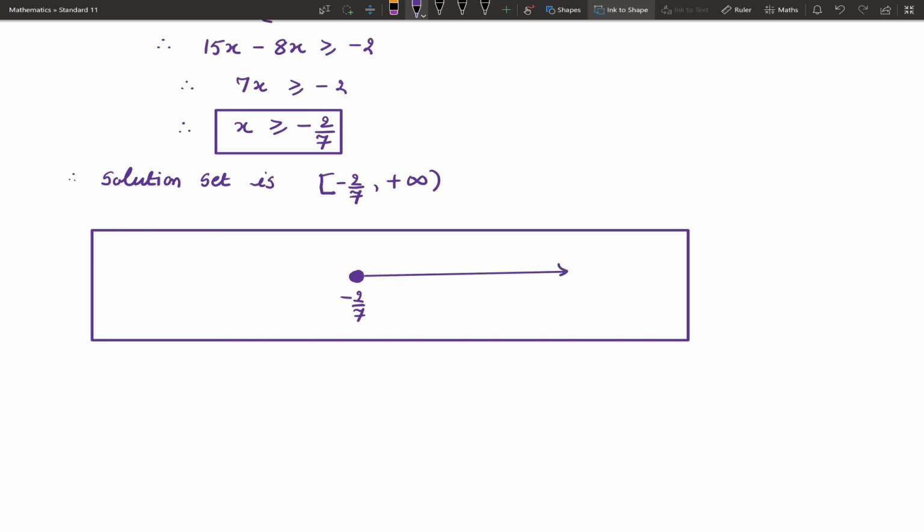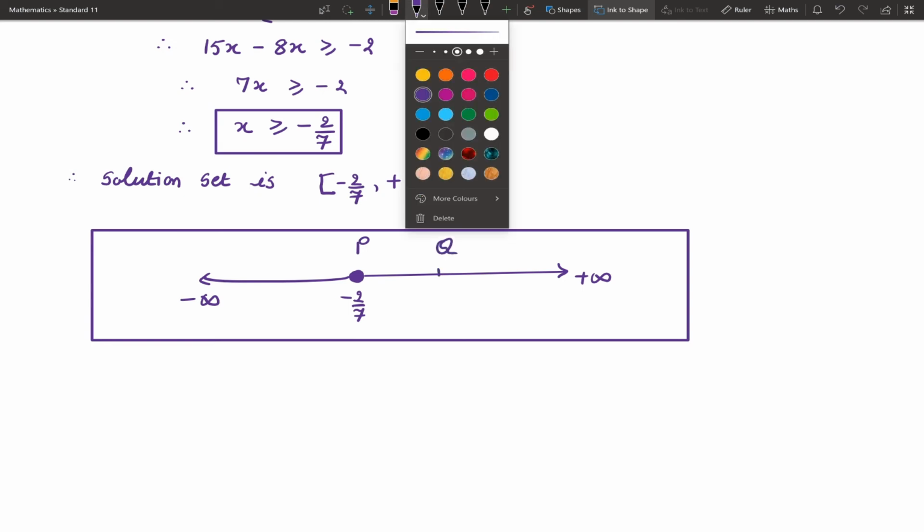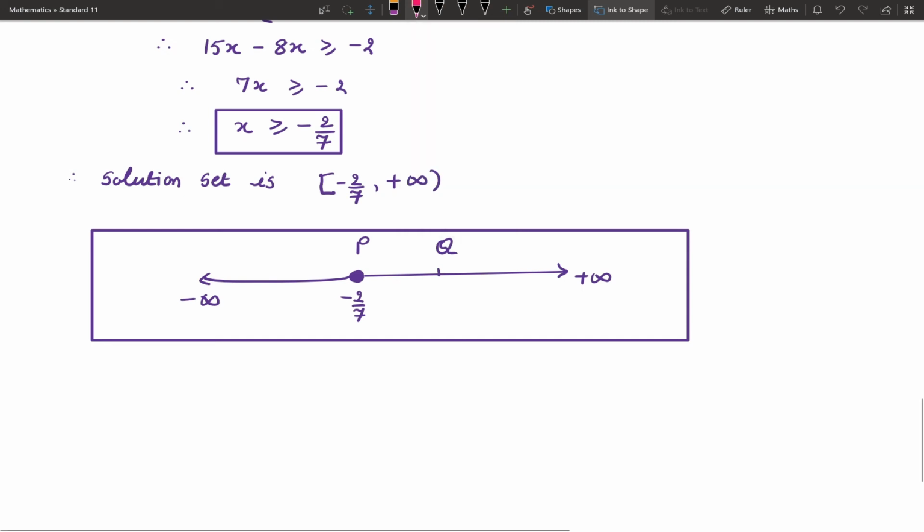This is plus infinity, this is minus infinity, say some points P, Q. Now the solution portion we will denote by a bold line.